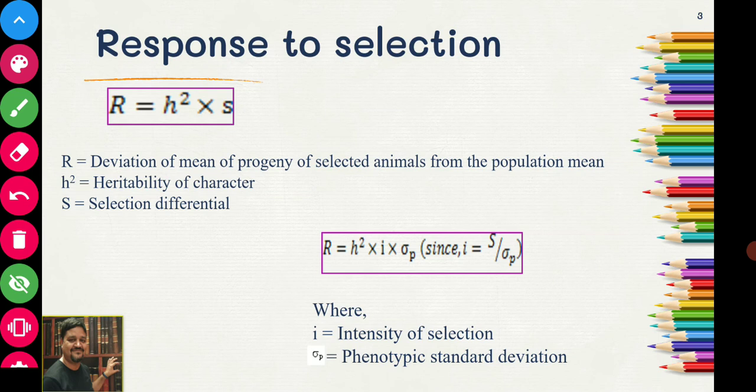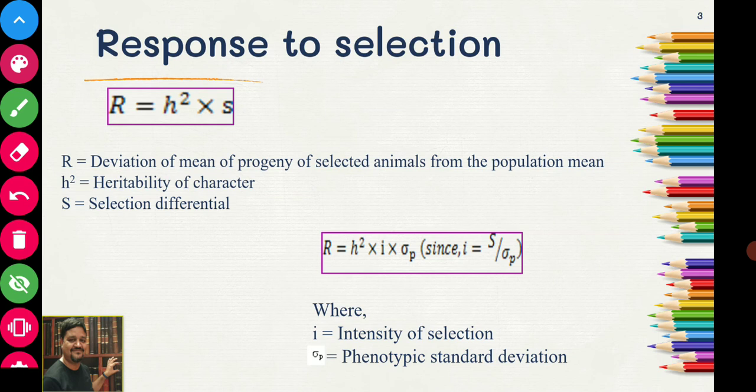Suppose you have been appointed as a veterinary officer or as a breeder in a farm, and your assignment is that the average milk production of the farm is 5 liter per day, and the owner of the farm wants the average production in the next generation to be 6 liter or 7 liter or 10 liter.